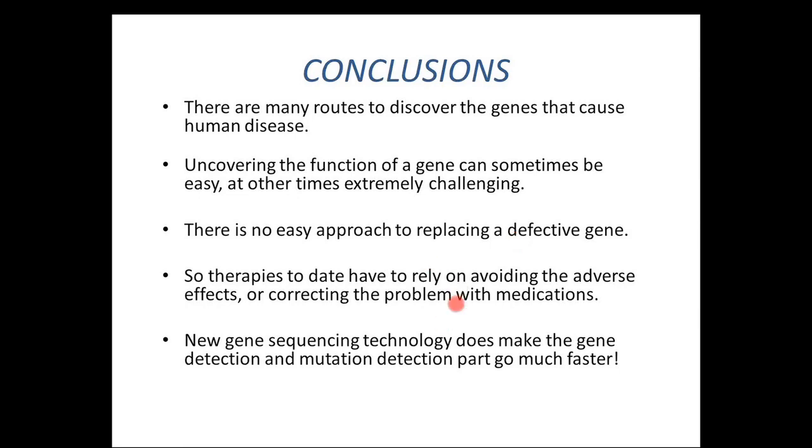So therapies and treatments, at least for PXE, to date have really had to rely on either avoiding the adverse effects, which we don't really understand what those are in PXE, or correcting the problem or problems with medications. And obviously we can perform cosmetic surgery on people with bad skin laxity and correct that in that way.